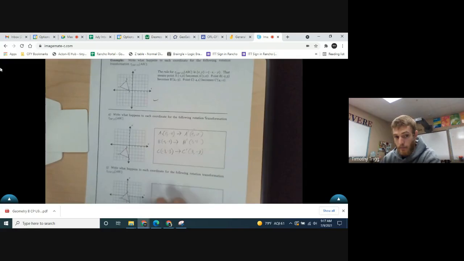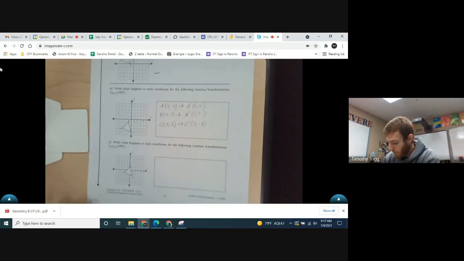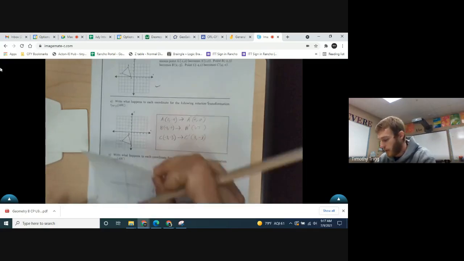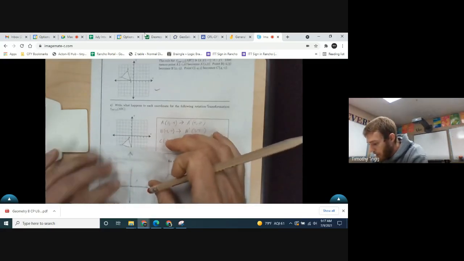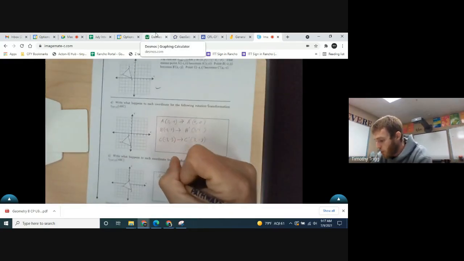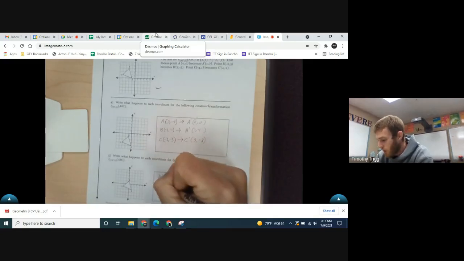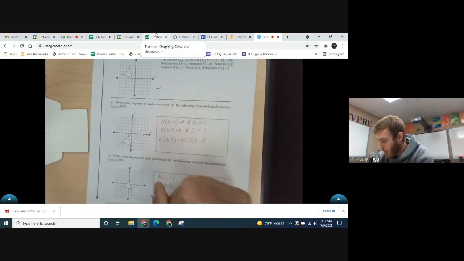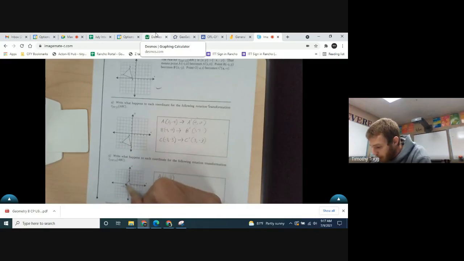But this time for question 5, the pre-image is kind of in the middle there. It's kind of a pain actually. But let's go ahead and write our coordinate points like we did for the other one. A is currently at 1, -2. B is currently at 0, 1. And C is at -2, -1.